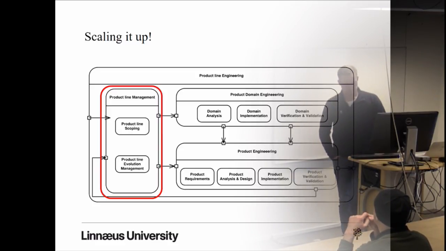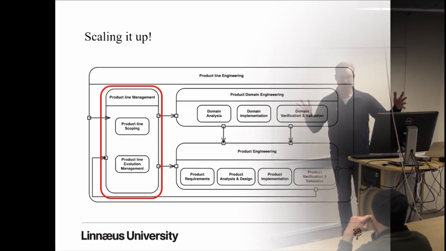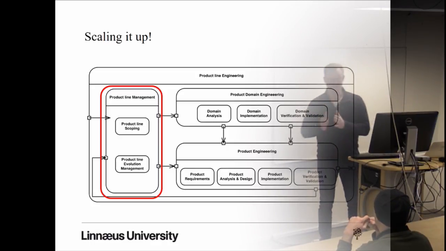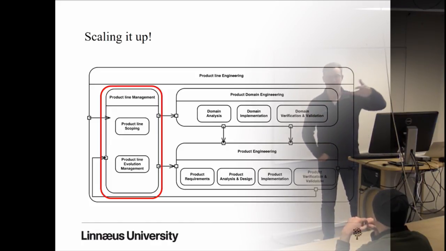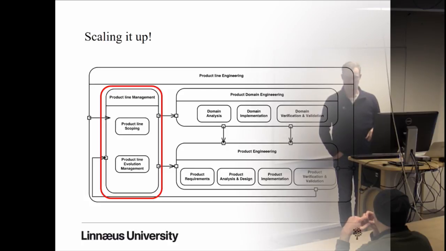And this is not an uncommon role. You see this quite often actually, that the company has a product manager. And this product manager is managing all the products in a range. And they are responsible for maintaining, evolving the scope.